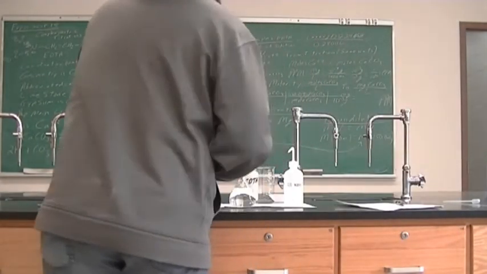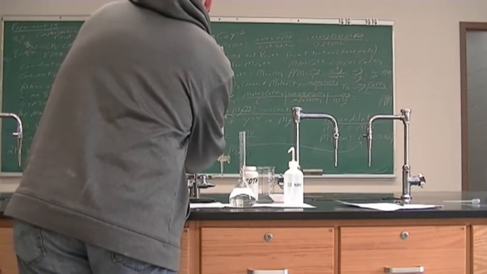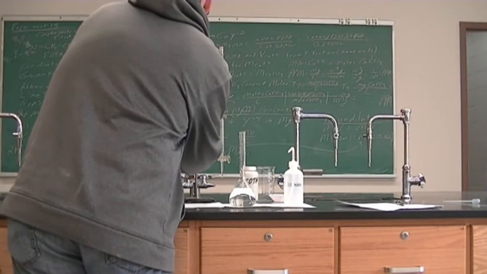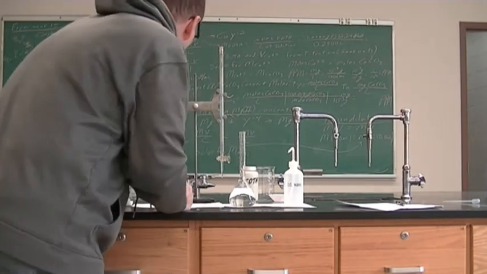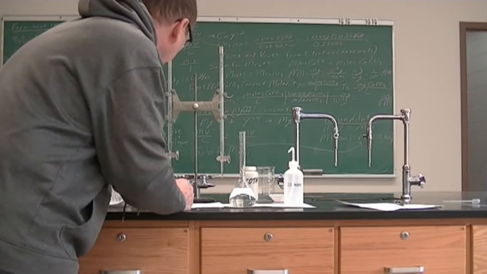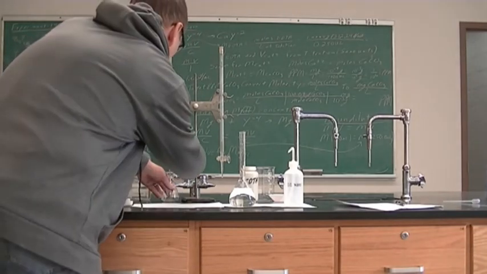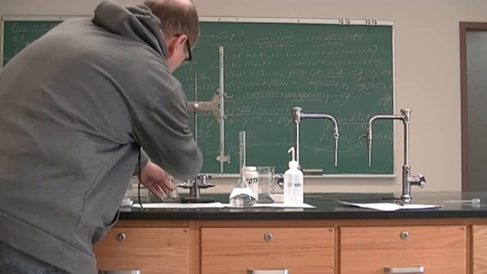All right, and then I'm going to add about 22, 23, just in case I pass up the end point. I can add a couple more mils of my deionized water.